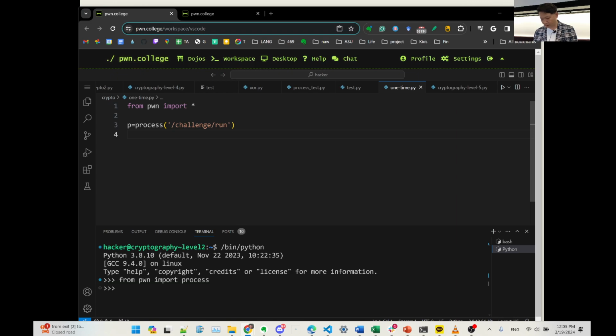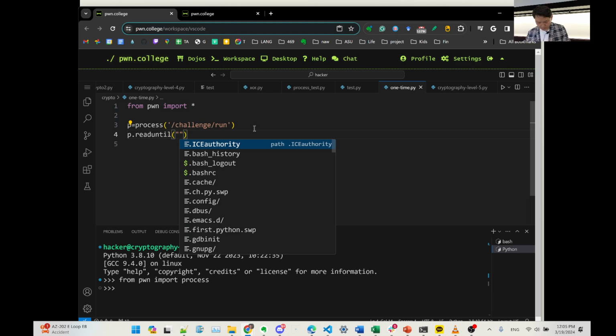Okay, skip this, I think we did this. P again can have a method from the process functions, the read until method. We can give some conditions here. What conditions?